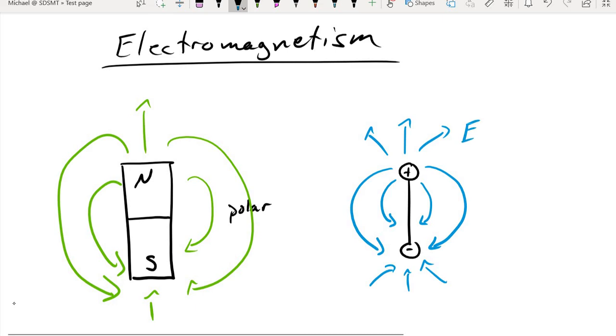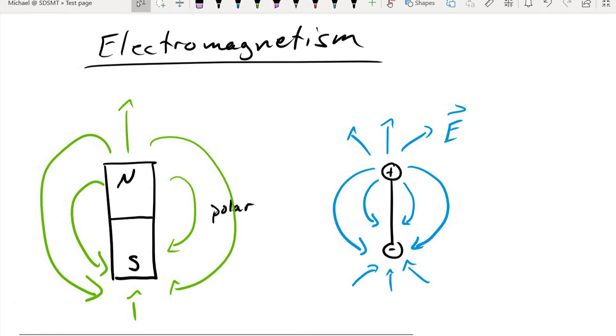Well, we've spent a good month or so trying to figure out what the electric fields are in a given system based on how the electric charges are distributed. And we had the Gauss's law approach, we had the calculus approach.